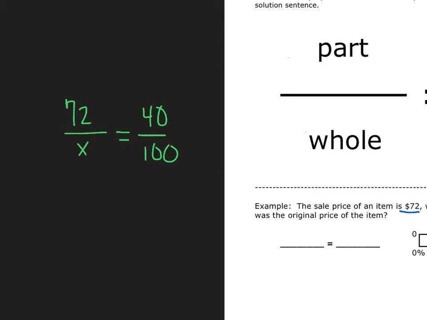And so we want to try to find a relationship between 40 and 100 or 40 and 72. It looks like there's nothing I can multiply for 40 to go into 72. So what if we simplified the 40 and 100? What if we said 4 over 10? And then we said 72.